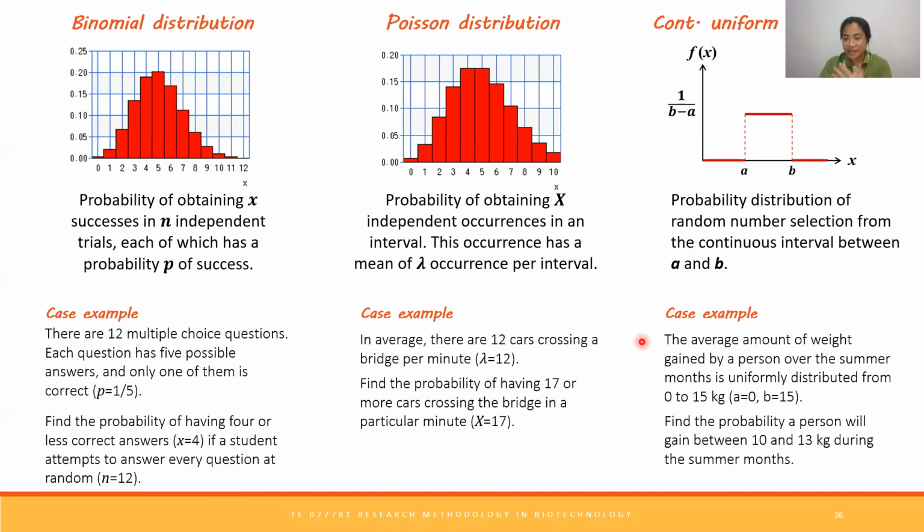The average weight gained by a person over summer is uniformly distributed from 0 to 15, so people could gain from 0 to 15 kilograms. The continuous uniform distribution is used when you want to find the probability that a person will gain between 10 and 13 during the summer months. So that's how the uniform distribution works.